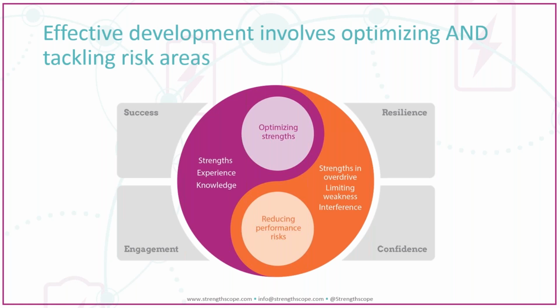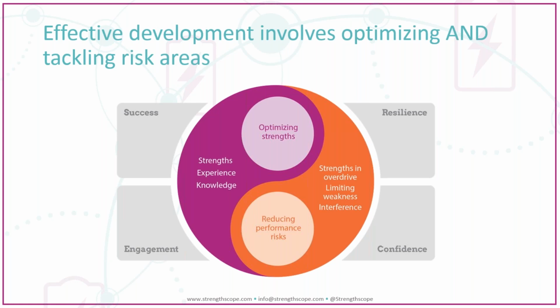And by performance risks, we mean three different groupings, three different types of risk. We talk about strengths in overdrive, or when strengths are used in the wrong way, the wrong time, the wrong amount. And the fact that many people find quite surprising, particularly in HR and talent management and senior leadership, is that strengths in overdrive are the most important source of career failure and performance shortfall, much more so than limiting weaknesses.